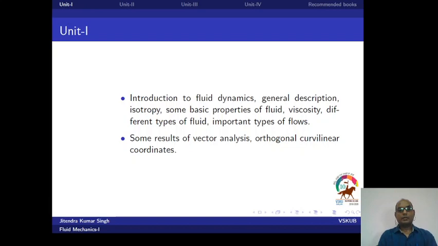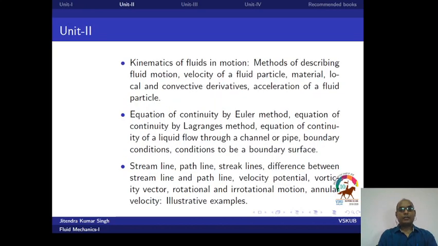In orthogonal curvilinear coordinates, we shall discuss particularly three systems called Cartesian coordinates, cylindrical coordinates, and spherical coordinates. And we shall also find out the gradient, divergence, and curl of a scalar and vector field in these orthogonal curvilinear coordinates.